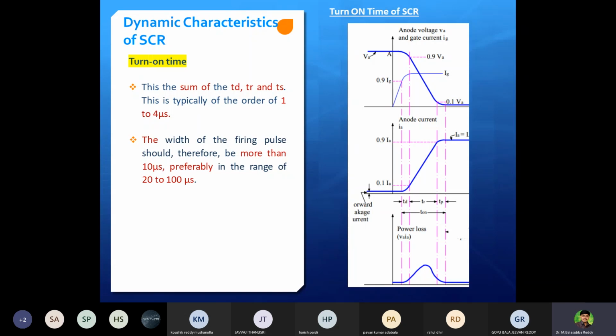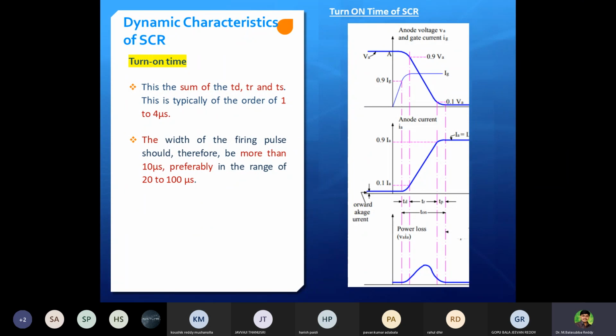Now the width of the firing pulse, because all these things are based on firing pulses. If we give a width that is very small, then within that time the device may not reach the latching current and will never fire. So the width and the magnitudes must have certain values.